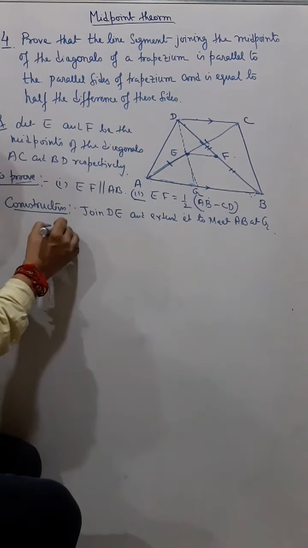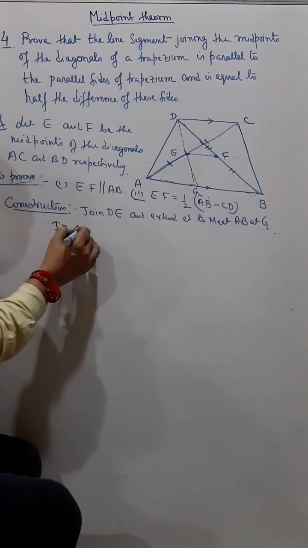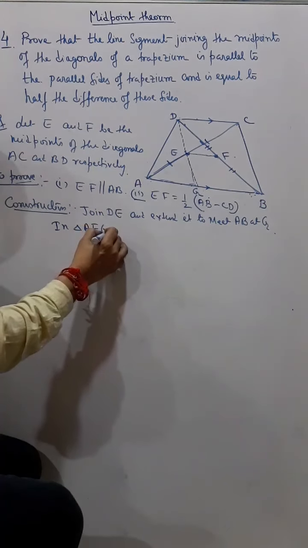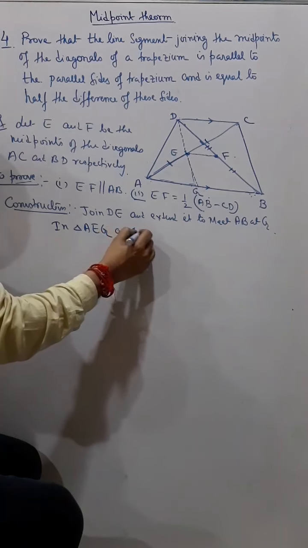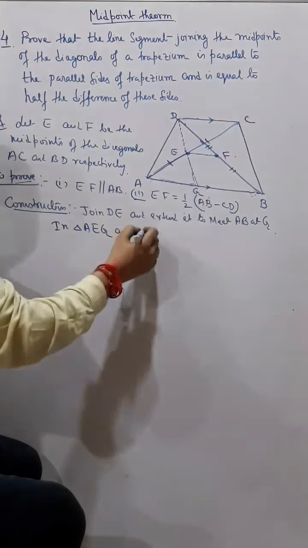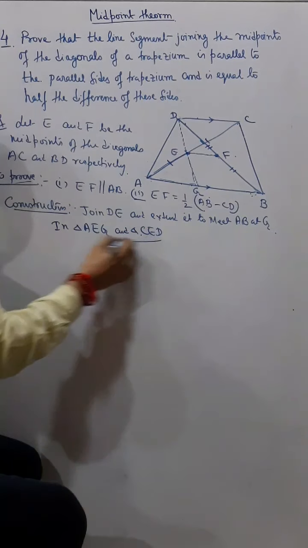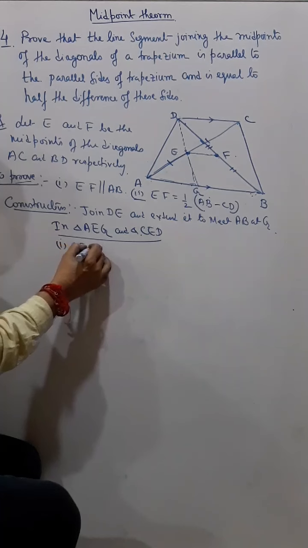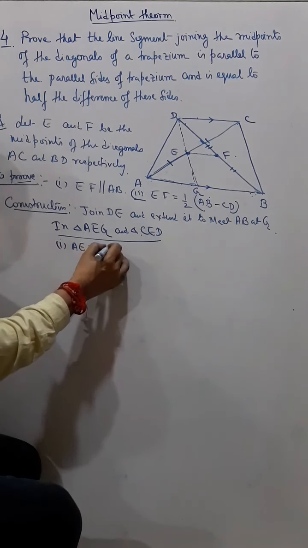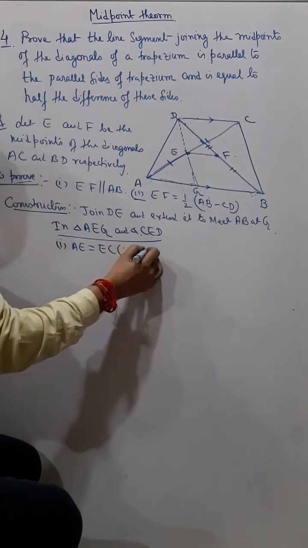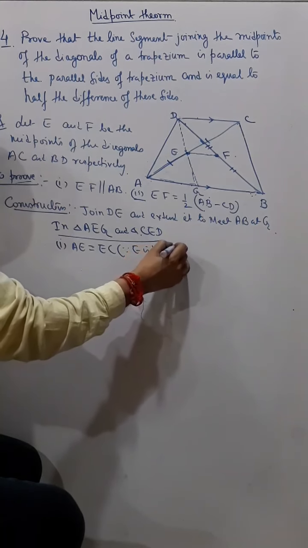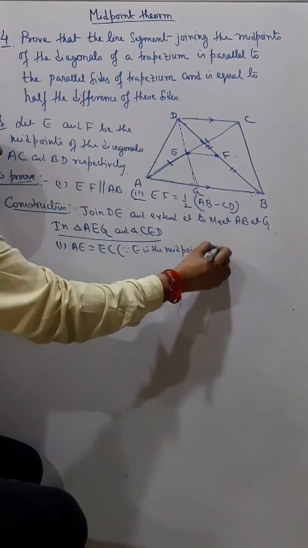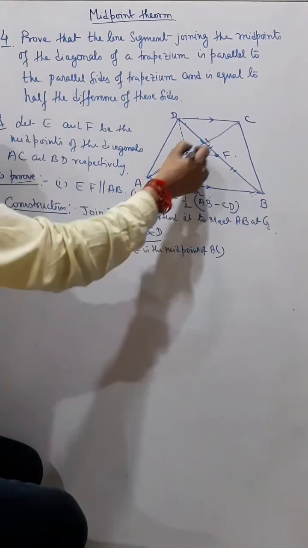Now we'll prove those two triangles congruent: triangle AEG and triangle CED. The first thing I can say is that AE is equal to EC, since E is the midpoint of AC.